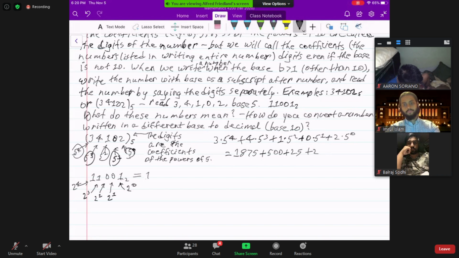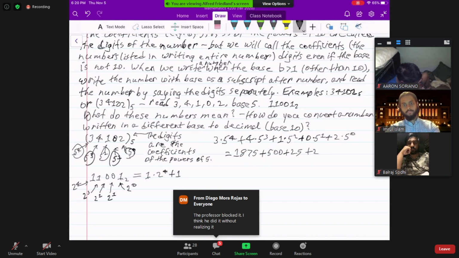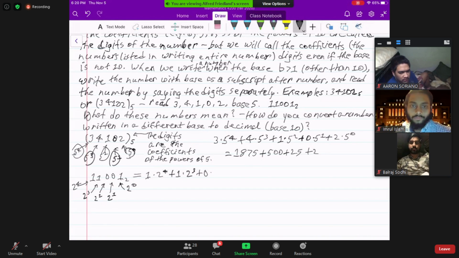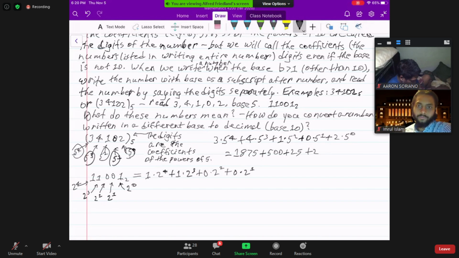So this equals 1 times 2 to the 4th plus 1, the second one from the left, which is the multiplier of 2 to the 3rd, plus, for completeness and to show exactly what's happening, I'll put in the 0: 0 times the next lower power, 2 to the 2nd, plus 0 times 2 to the 1, plus 1 times 2 to the 0th.